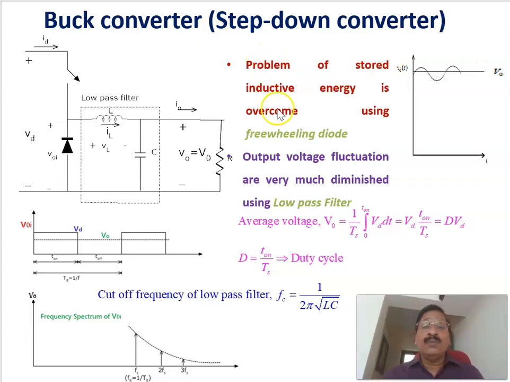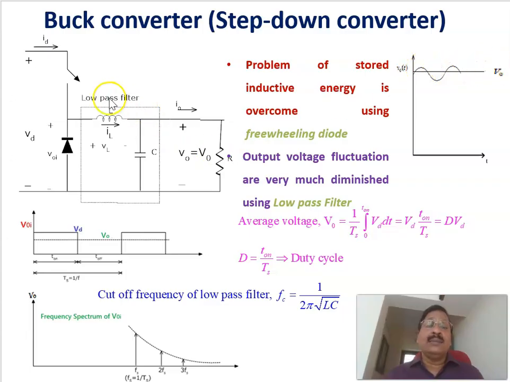So the problem of the stored inductive energy is overcome by connecting a freewheeling diode, and the output voltage fluctuations are much diminished by using a low pass LC filter. Thus we get a constant output voltage like this one. Of course, there is a slight ripple, very much less compared to the average output voltage.